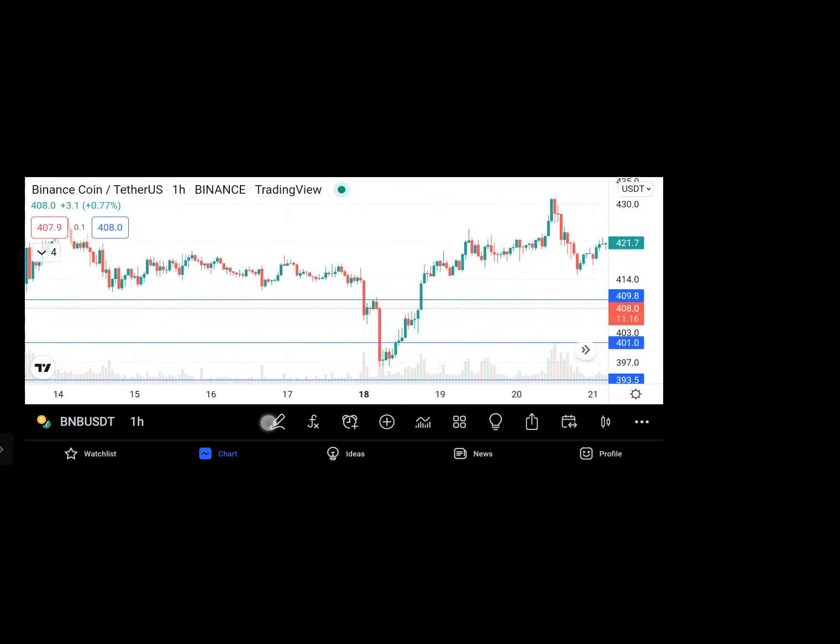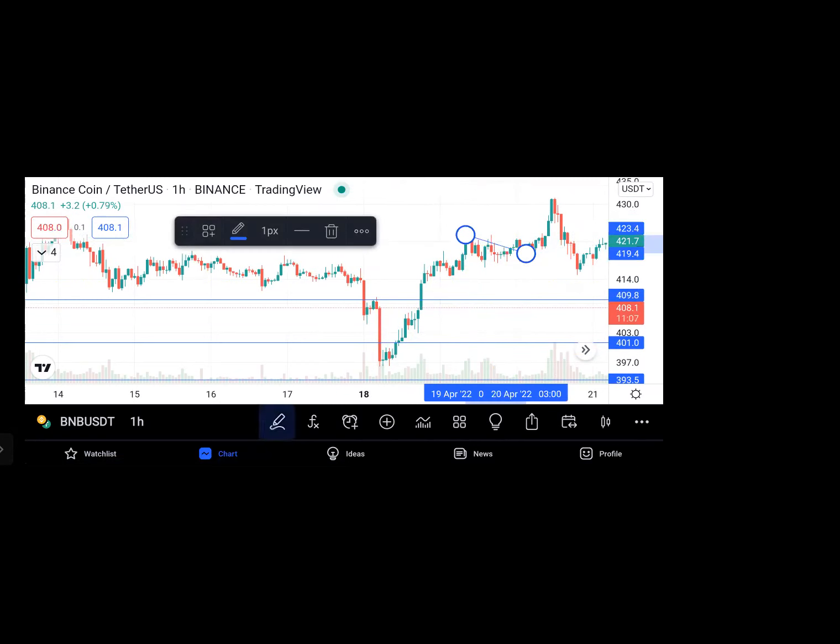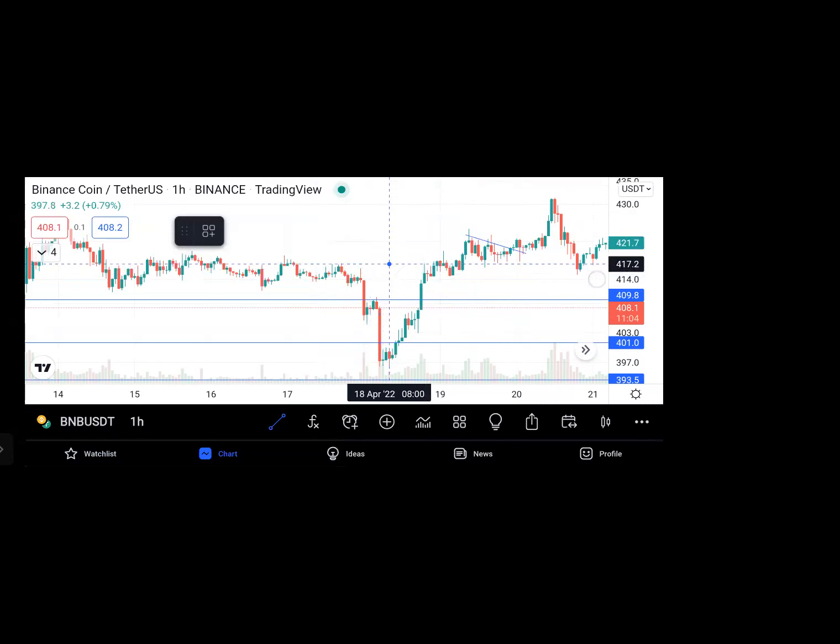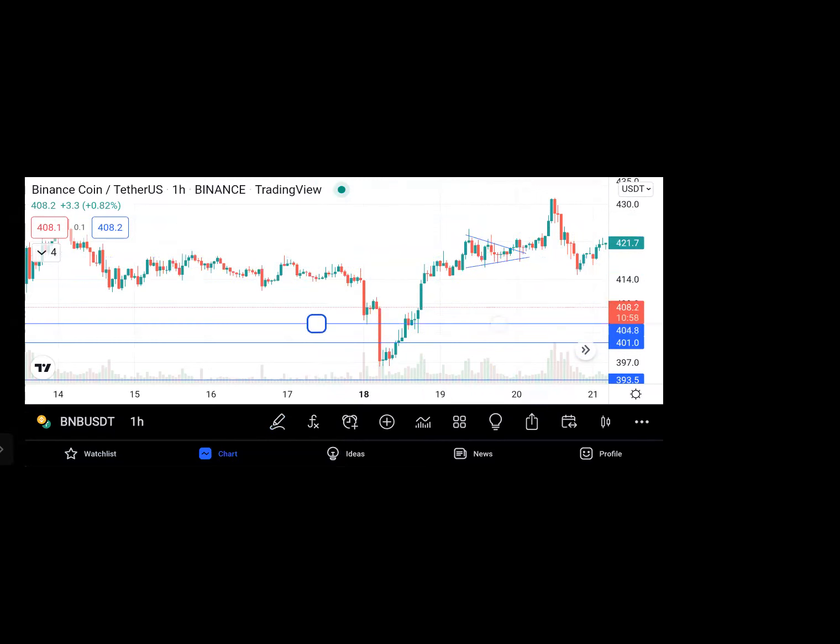All right. Let me see if I actually identified one here. I actually identified one. I think I did. Yeah, this is an example of a pennant pattern.